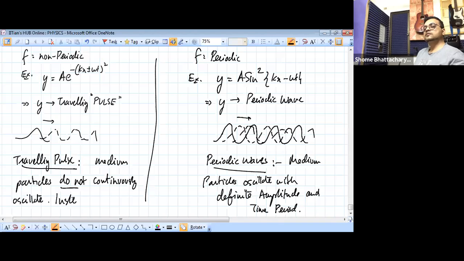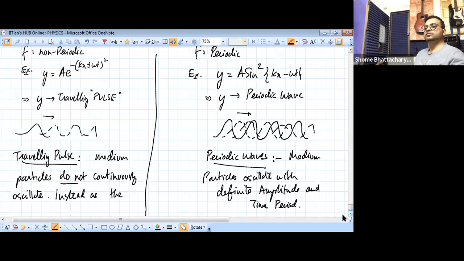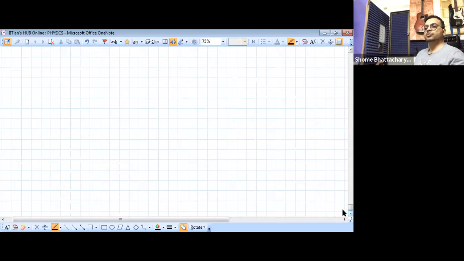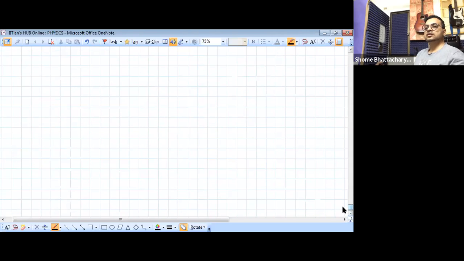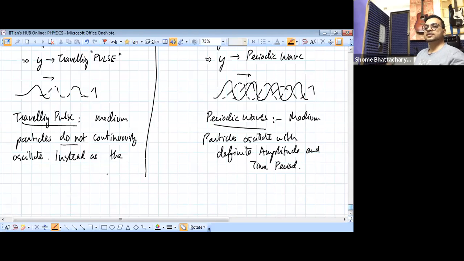Instead, as the pulse passes through a certain region of the medium, or certain point in the string in this case, the particles have a one-time displacement to a maximum amplitude and they come back.